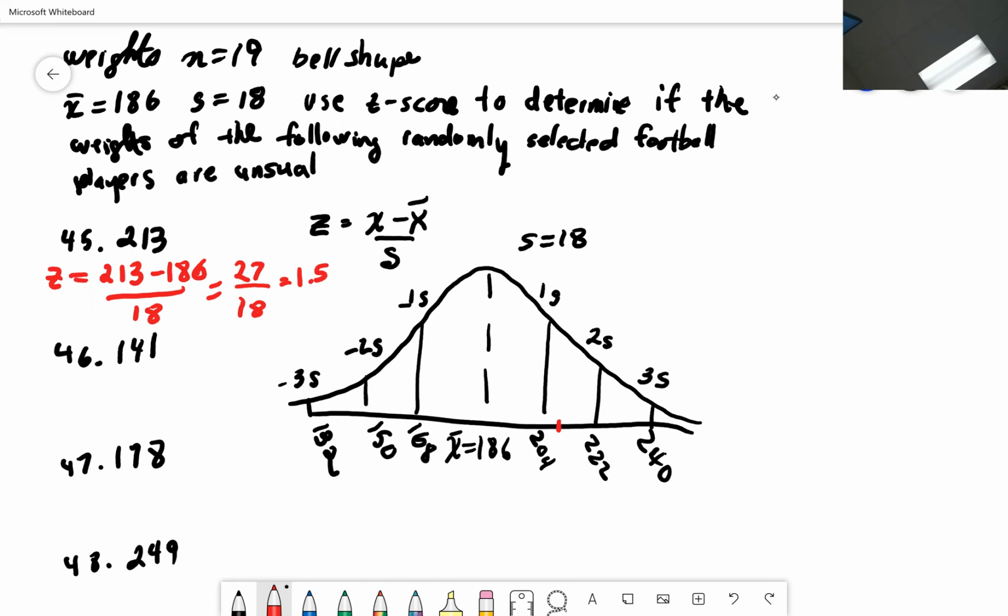So that will be somewhere around here. That's 1.5 standard deviations away from the mean.